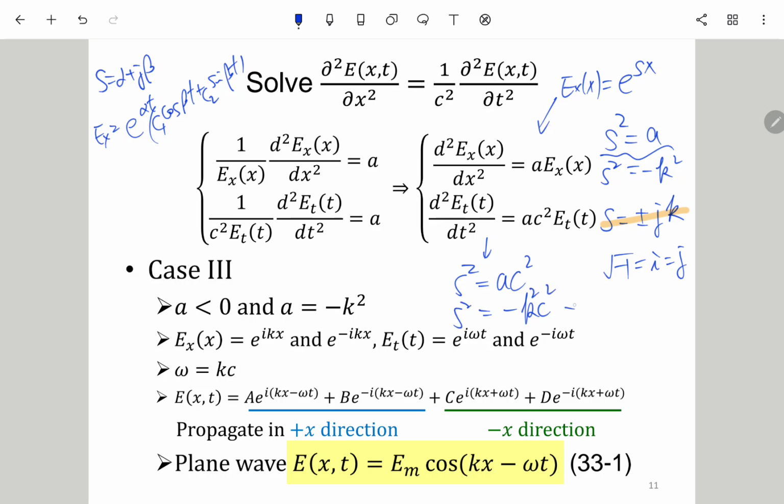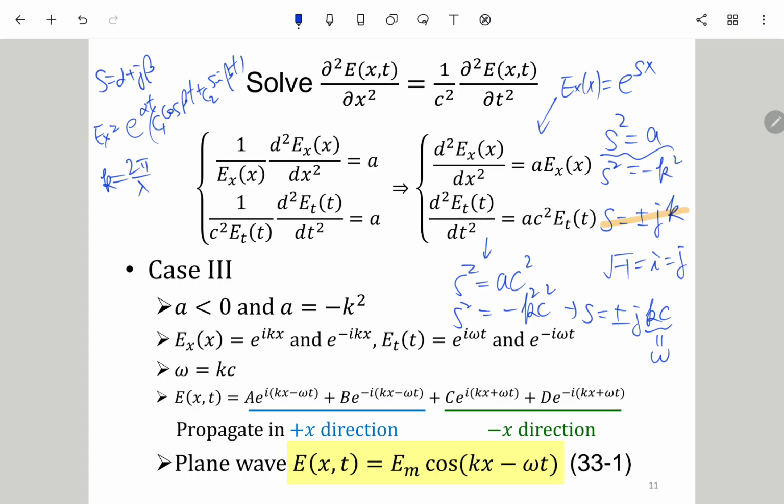So for the second one, we have s equals plus or minus jkc. In that case, we have Et of t to be exponential to jkct, but here we will have omega equals kc. Why is it like that? Because k is the wave number, which if you still remember is 2 pi over lambda.